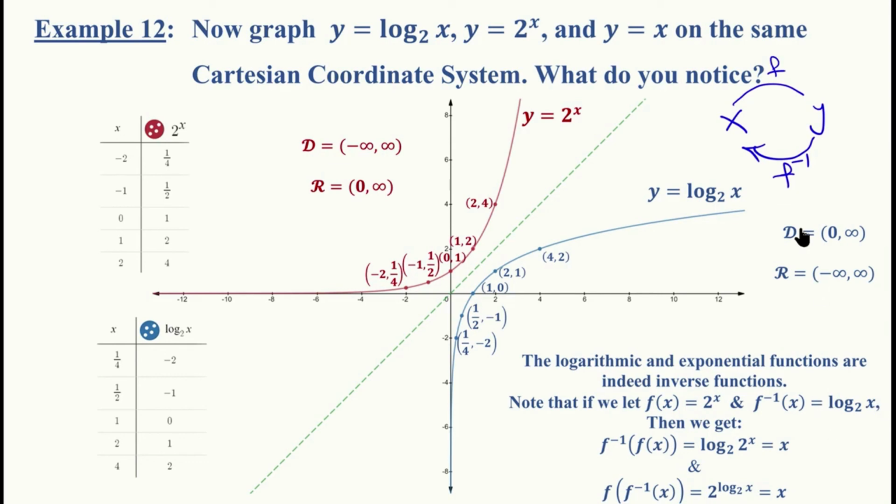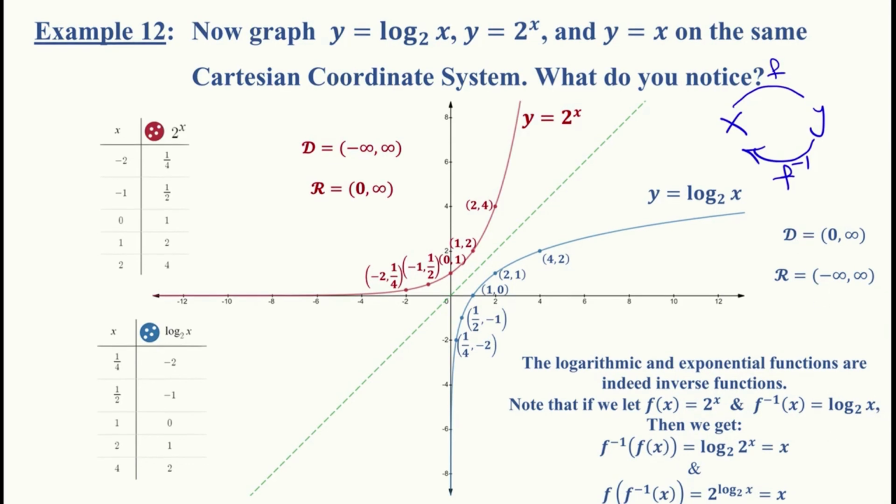If I were to add one line here for you in writing, f inverse of f of x is going to be f inverse of, notice what f of x is, it's 2 to the x.